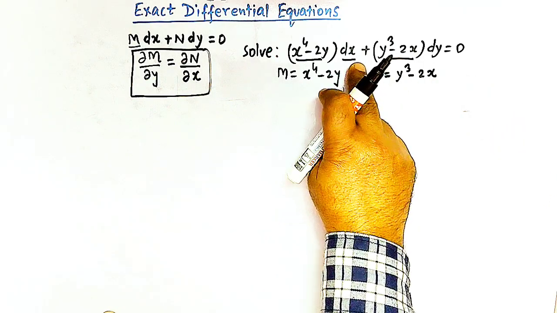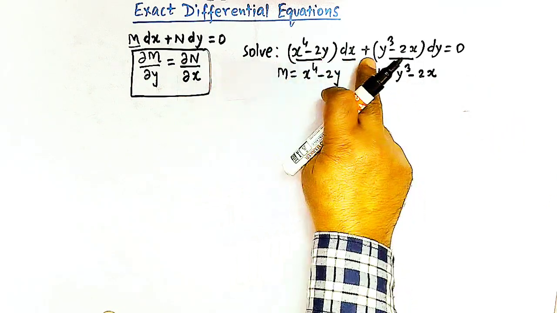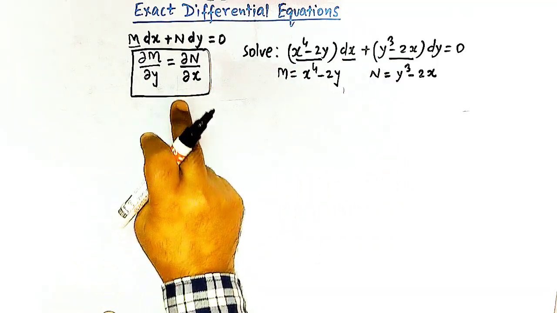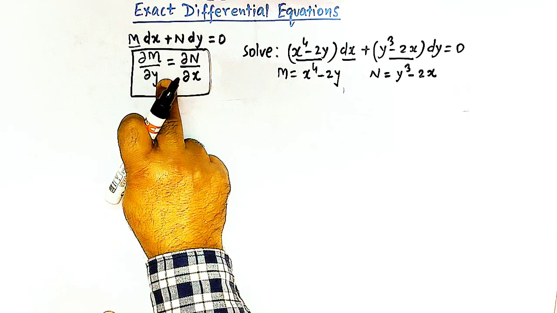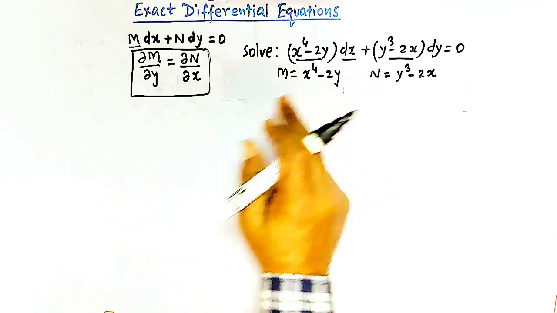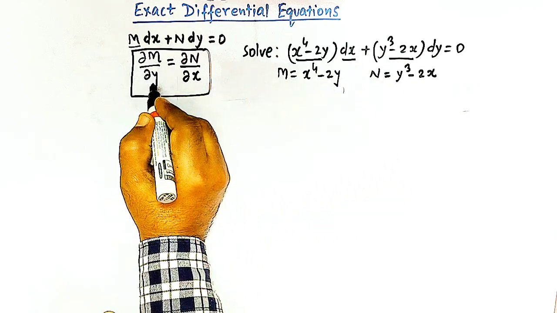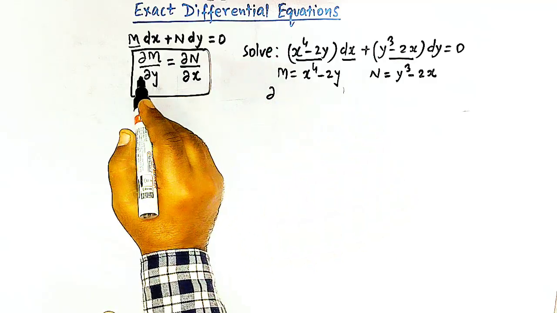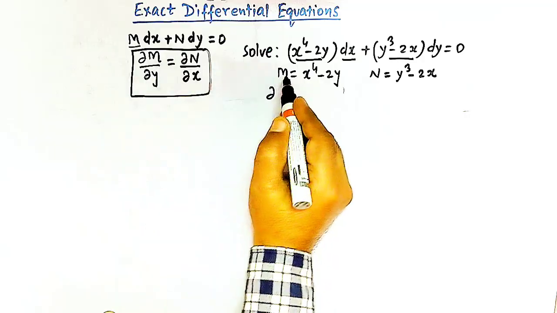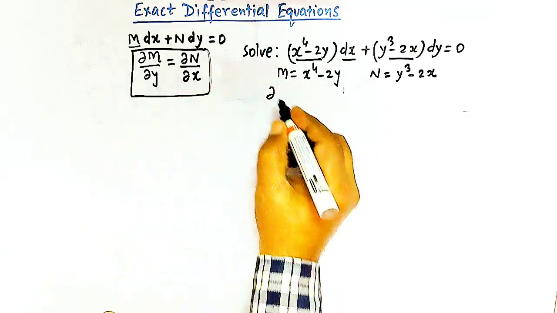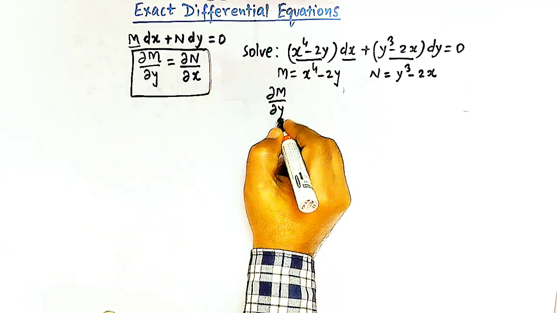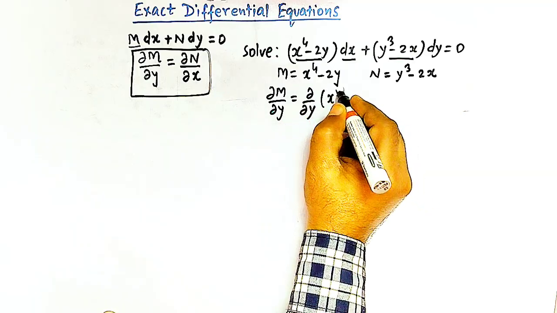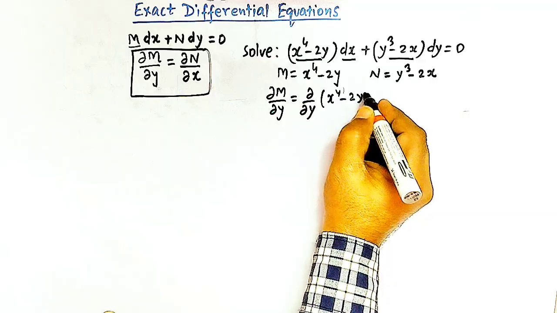Let us first see whether this given equation is an exact differential equation. So let us verify the condition: del M over del y is equal to del N over del x. First, the partial derivative of M with respect to y is del over del y of x to the power 4 minus 2y.